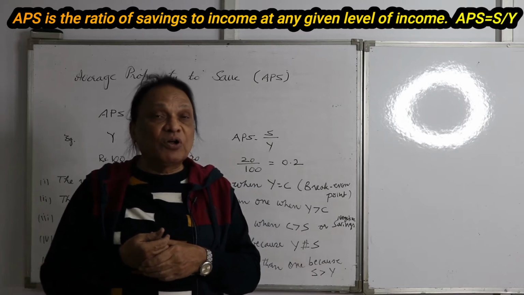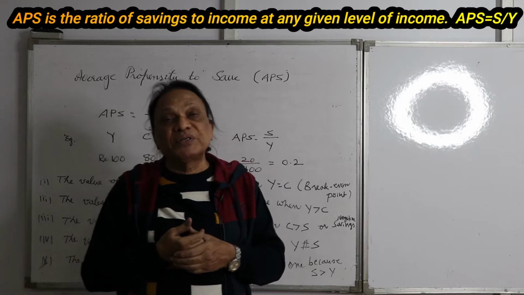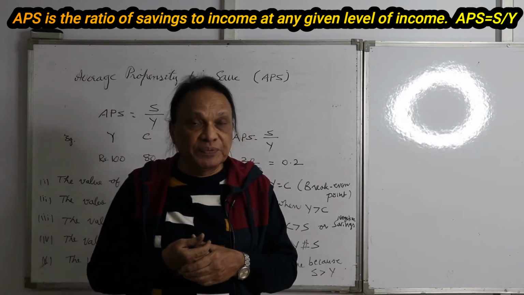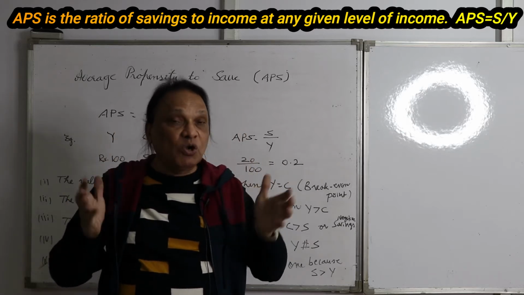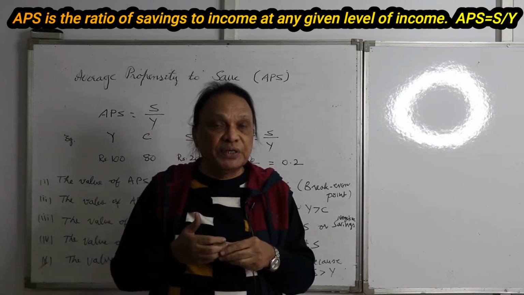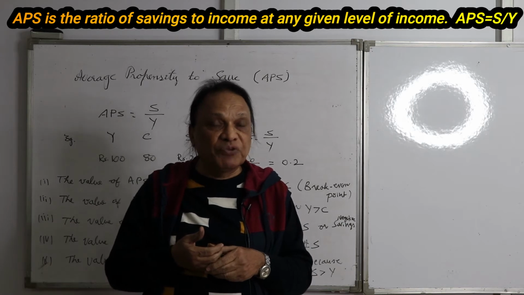Out of $100 billion, the economy has consumed $80 billion. We're left with $20 billion. That is savings. So saving is nothing but that part of income which has not been consumed. S is equal to Y minus C, income minus consumption. 100 minus 80 comes out to be 20.